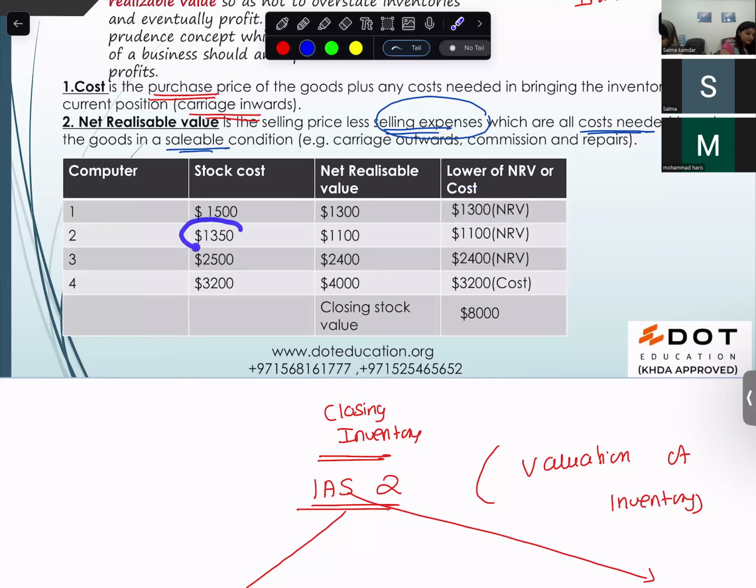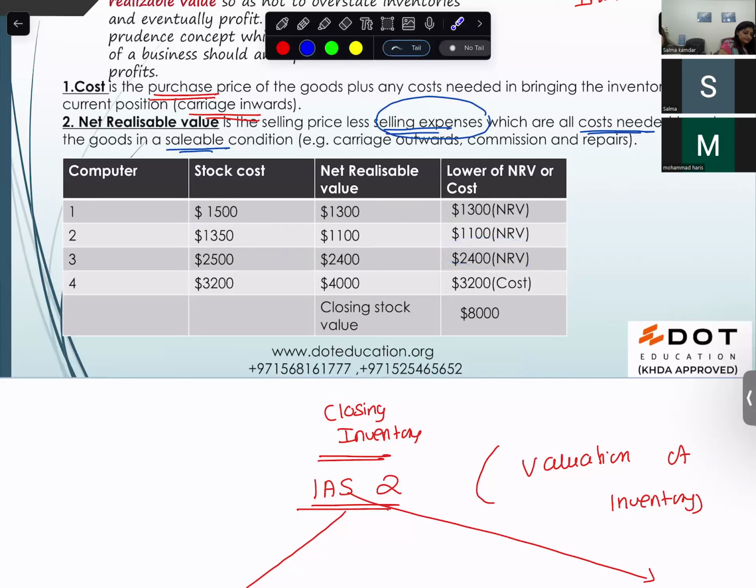Come on, computer 2. Cost or NRV, whichever is lower. So 1100. Computer 3. So NRV again. Cost is 2500, NRV 2400, whichever is lower.